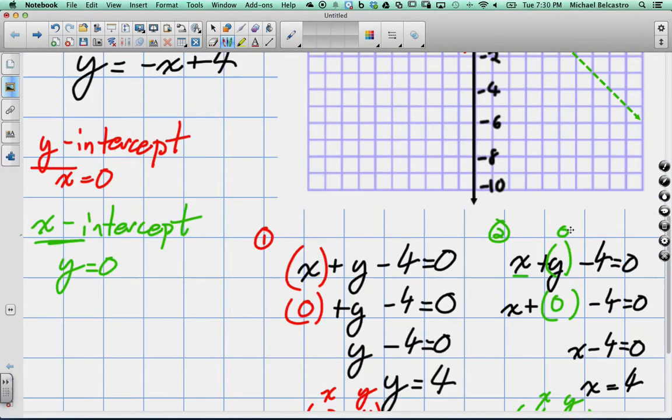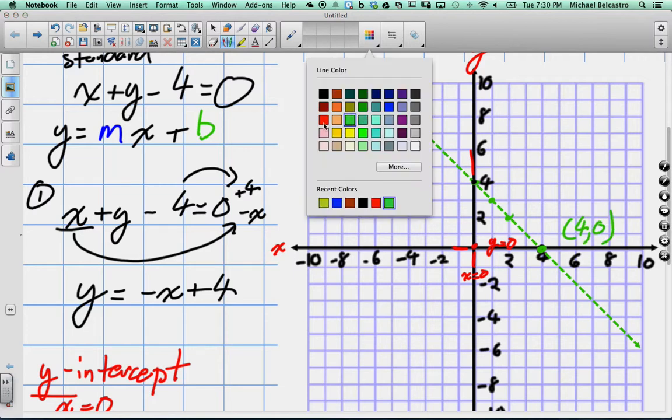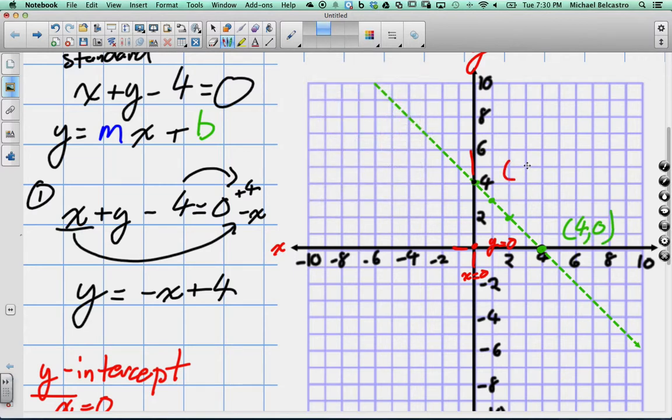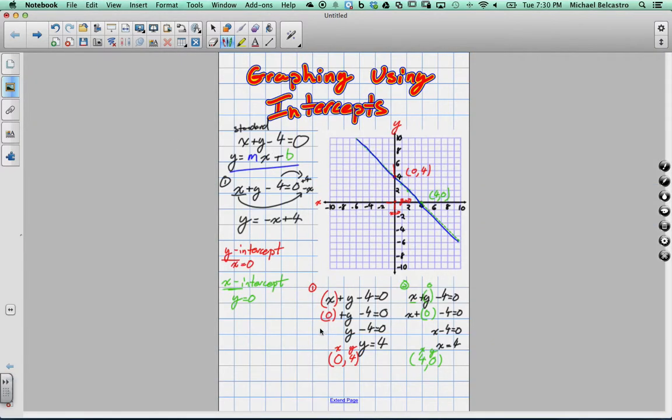So technically, if I had just plotted those 2 points, the x-intercept at 4, 0 and the y-intercept at 0, 4, we could have connected those 2 points and got our line. So whether we're in y equals mx plus b, or in a form that's not like that, we can just plug in zeros for the x's and y's and solve for the intercepts, plot 2 points, and connect them.